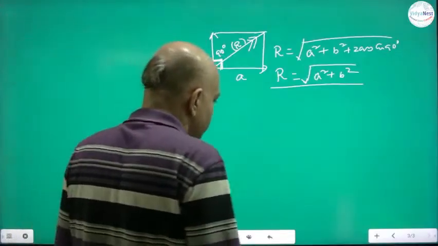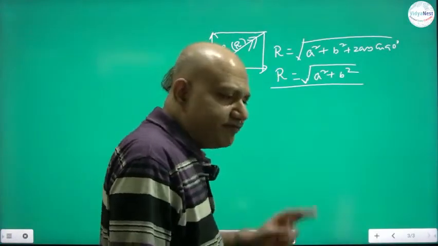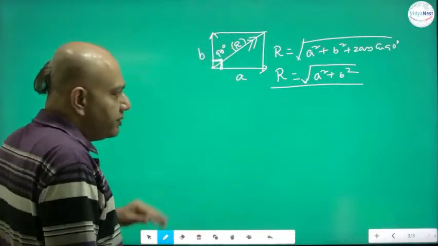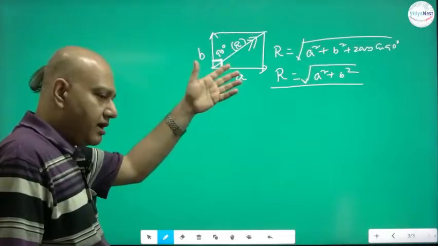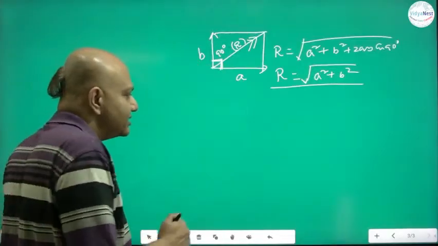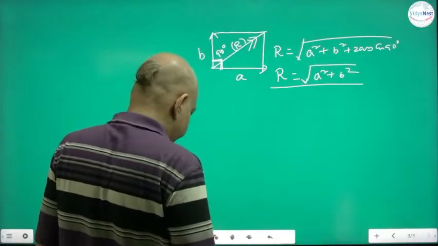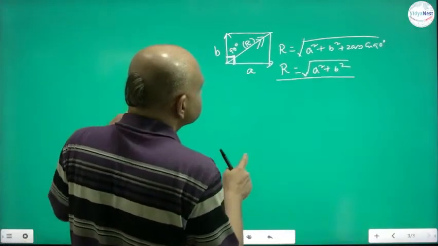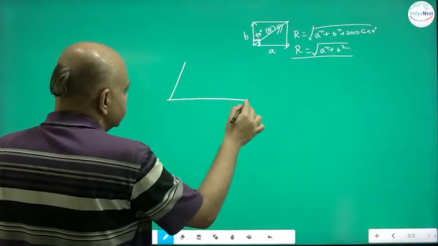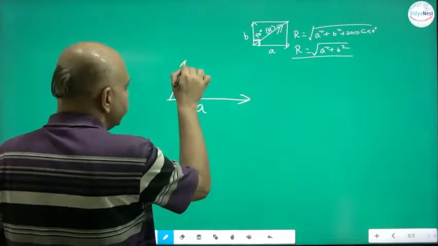Now, if I want to subtract two vectors, because up to this point we have been seeing the addition of vectors, let us see the subtraction of the two vectors. I have vector a and vector b.